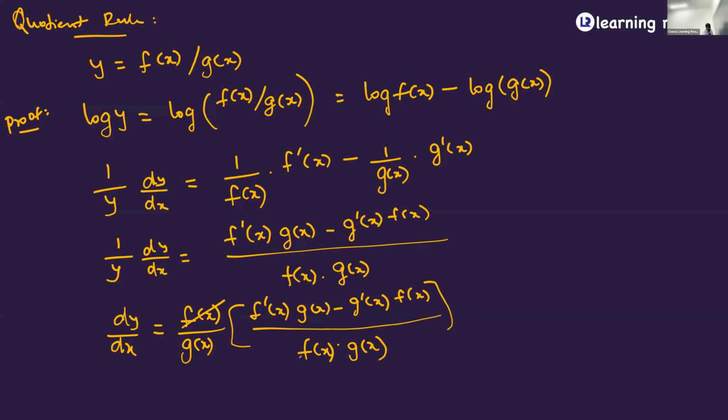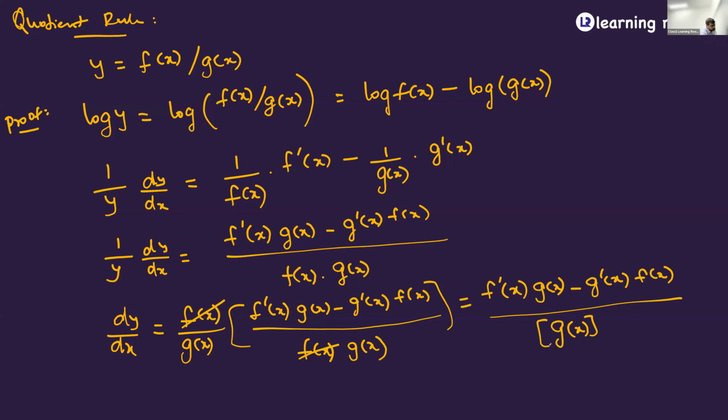So this and this will get cancelled. You got the desired result. So this will be f dash of x into g of x minus g dash of x into f of x, the whole divided by g of x into g of x, which is g of x the whole square. So this is how quotient rule can be derived.